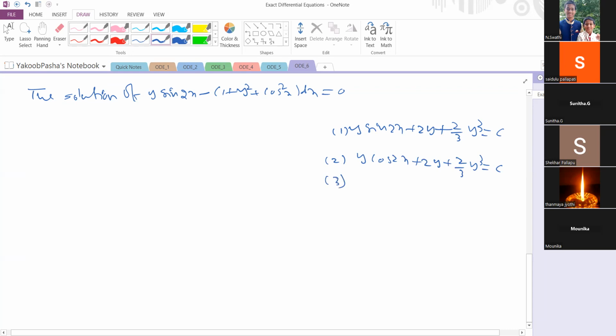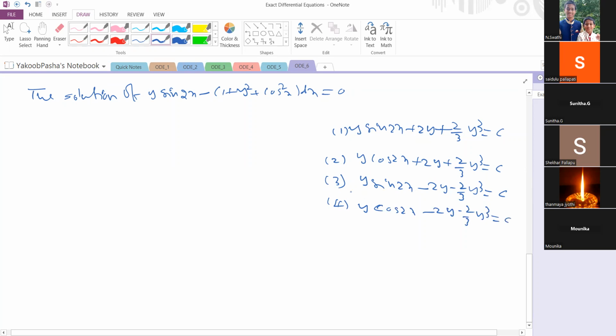And the third option, y sin 2x minus 2y minus 2 by 3 y cube is equal to c. And the fourth option, y cos 2x minus 2y minus 2 by 3 y cube is equal to c.